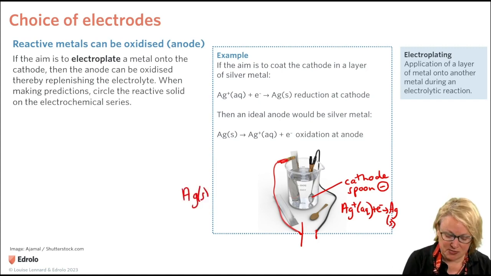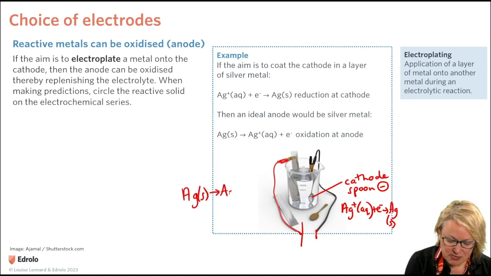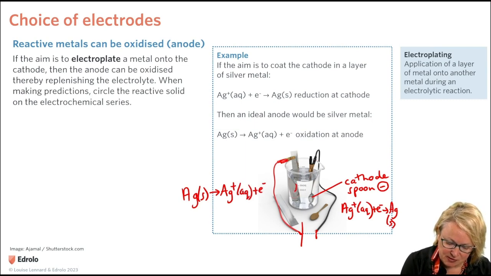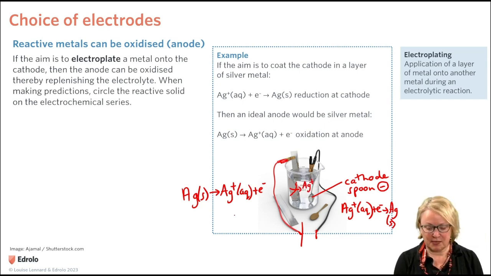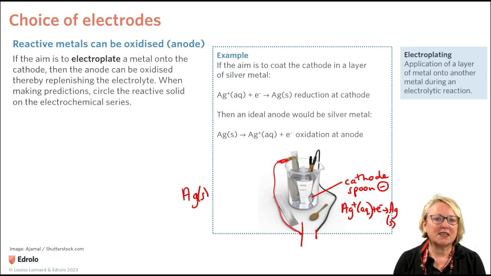At the anode, if we take silver metal, we can oxidise it, and so we will see over a period of time that it corrodes, so actually forming Ag+ at the anode. So an ideal anode would be the metal that you want to electroplate onto the cathode. So you're replenishing the electrolyte.